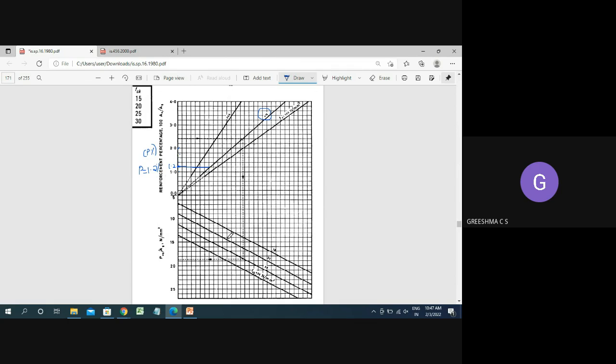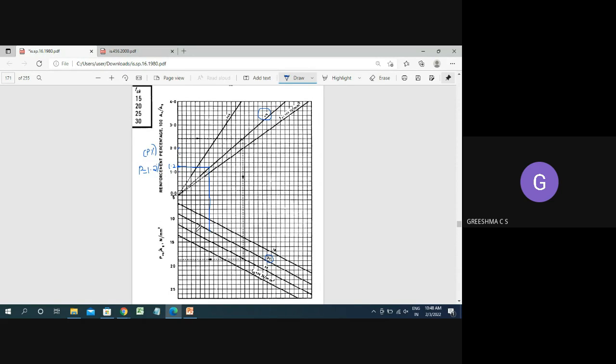Now drop it down until it meets our grade of concrete. We are using M20 concrete, so drop this point to M20.